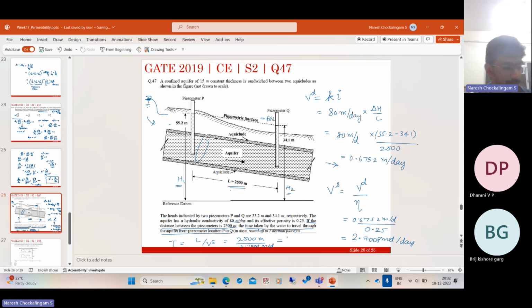If you compute this, it turns out around 900, and they're asking to round off to one decimal place. So always compute to 2 or 3 decimal places and round off only in the last step. So the correct answer is 925.6 days. I have checked the key. They accept any answer between 924 and 926. So this is a numerical type answer. The correct answer is this.